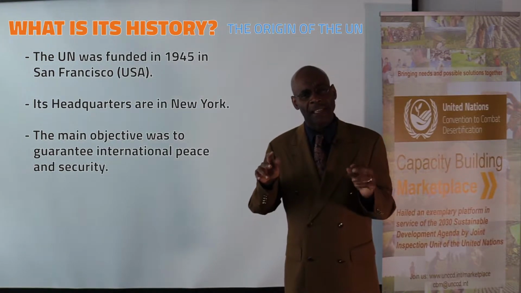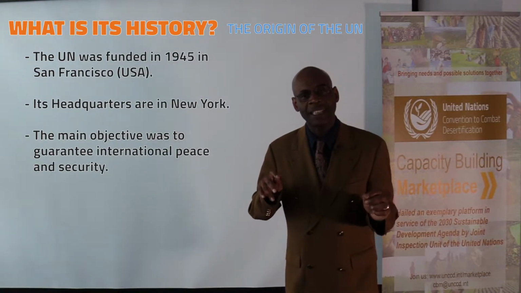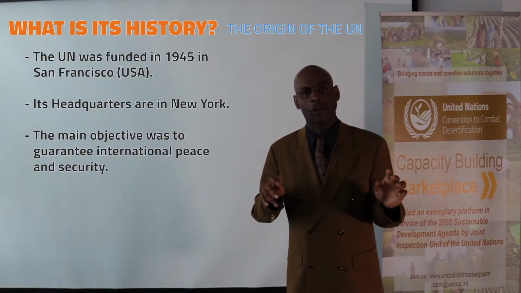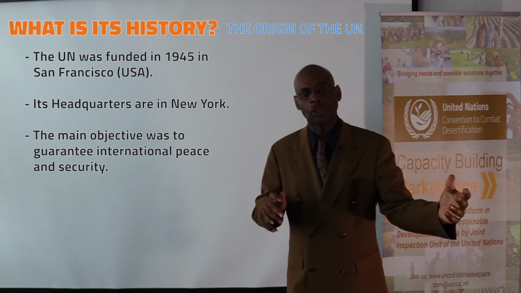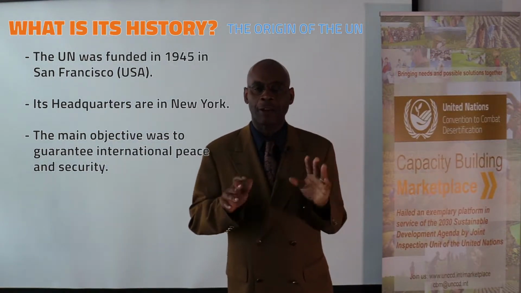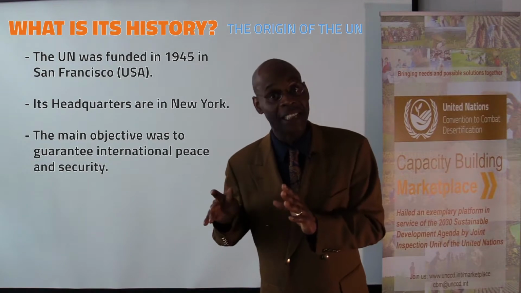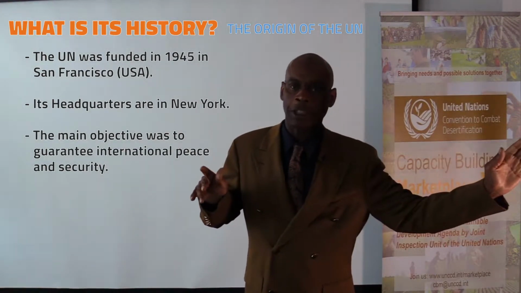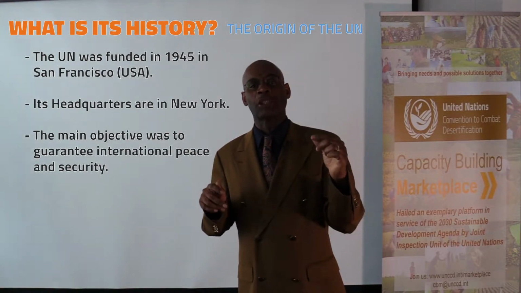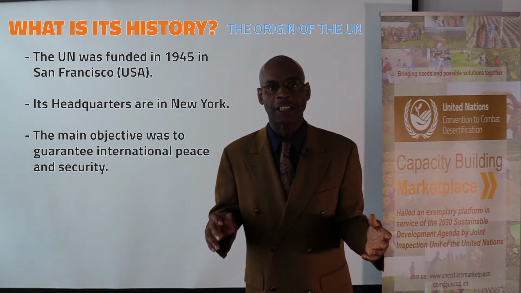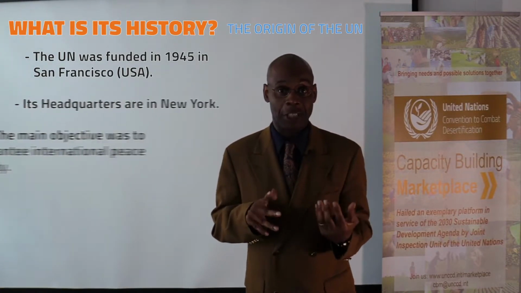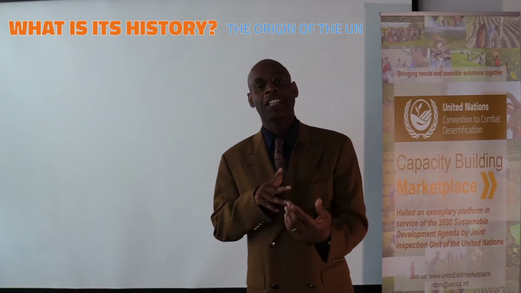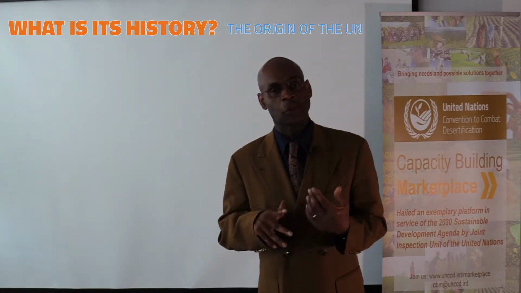Now, as I have said, the key issue here was always to prevent war. So the first and foremost task of this United Nations from 1945 right up to now was to guarantee international peace and security. That's it. That's its major function. And over the years, that is what it has worked upon.